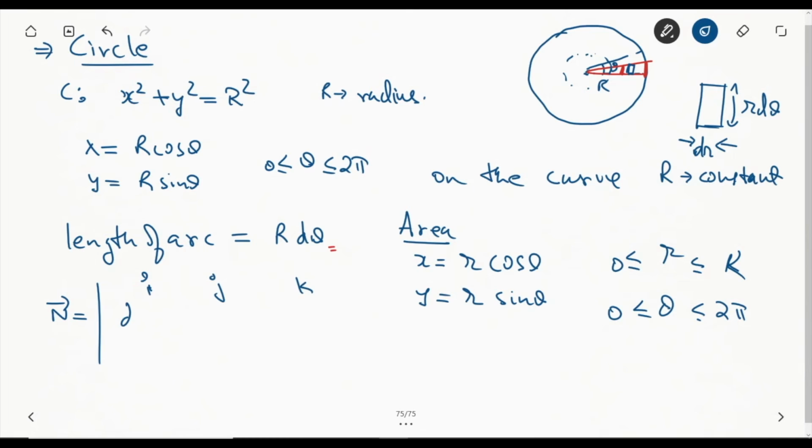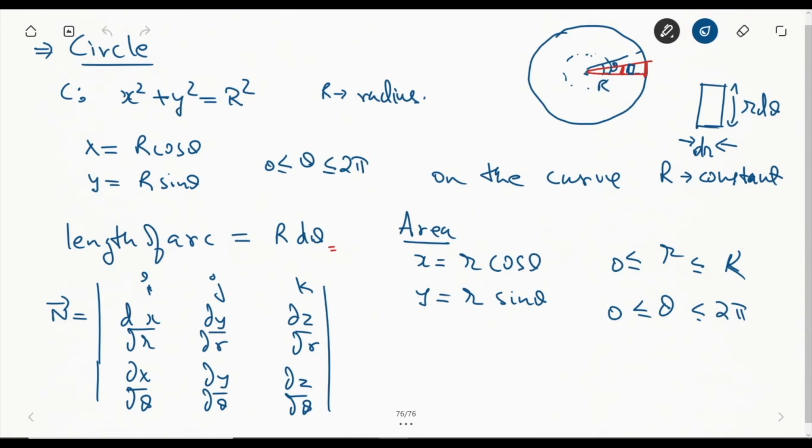So this is going to be dx by dr, dy by dr, dz by dr and dx by d theta, dy by d theta, dz by d theta. These are the parameters we have.